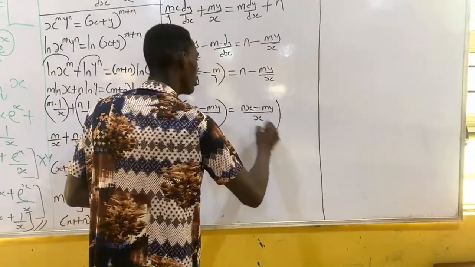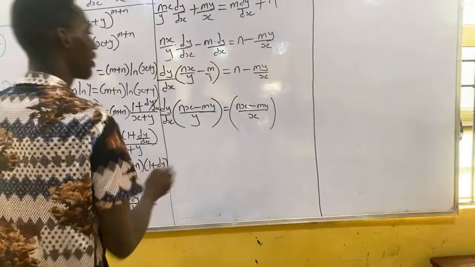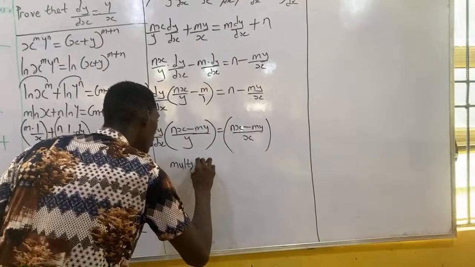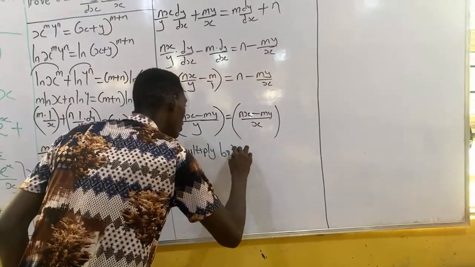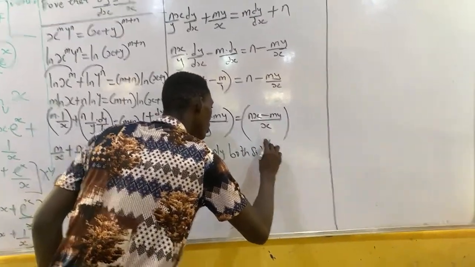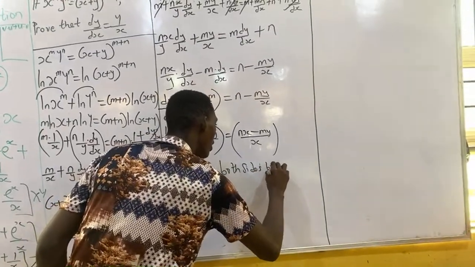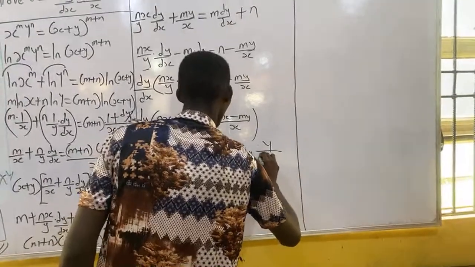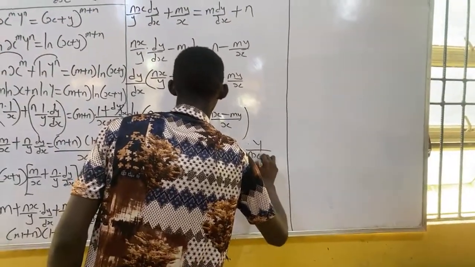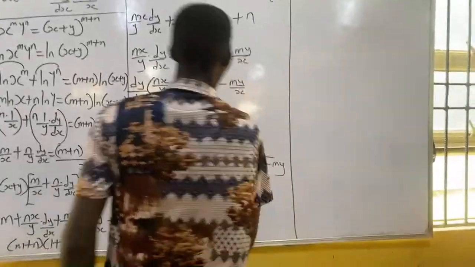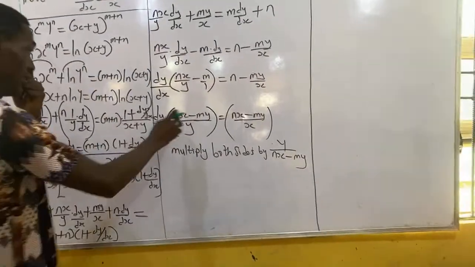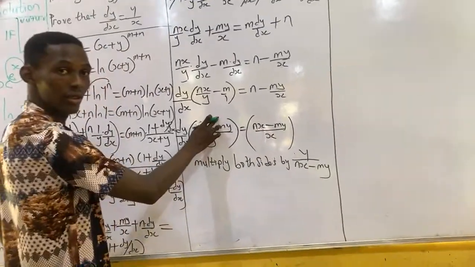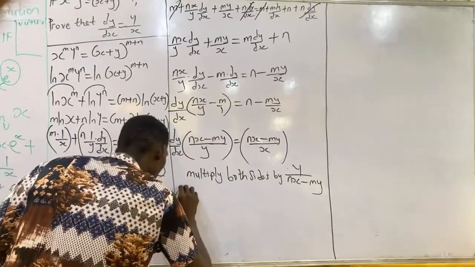So what do we do? Alright, let me write it clearly. So you multiply both sides by y over nx minus my. So once you have done that, this is going to cancel this and this is going to cancel this.